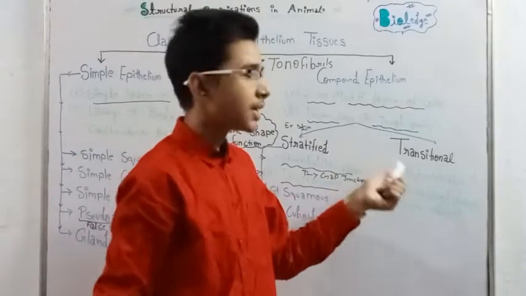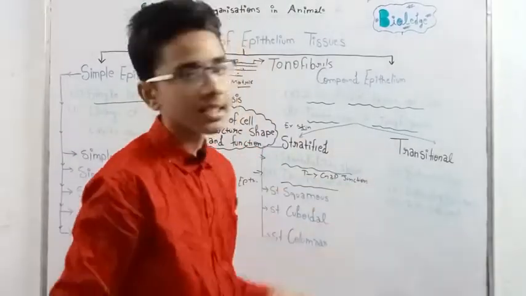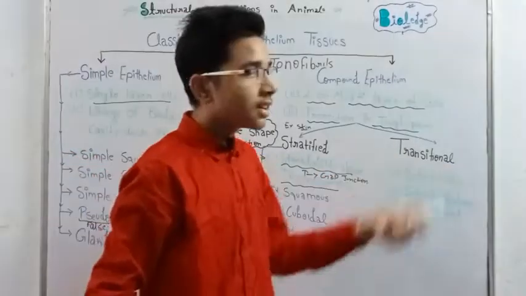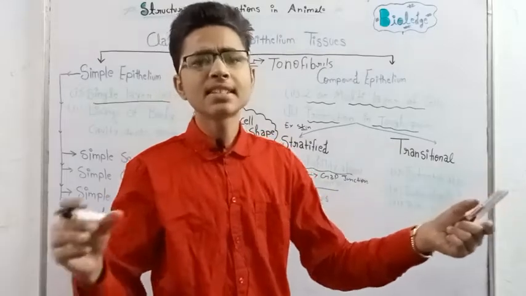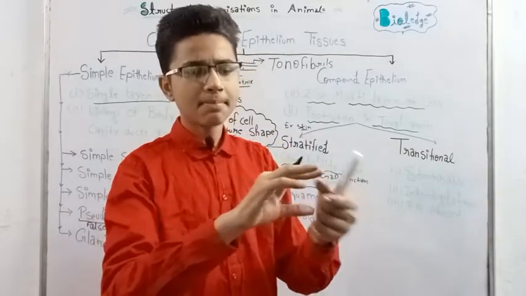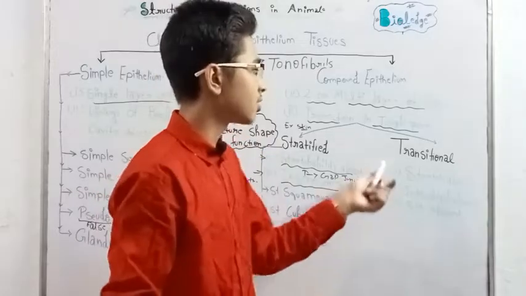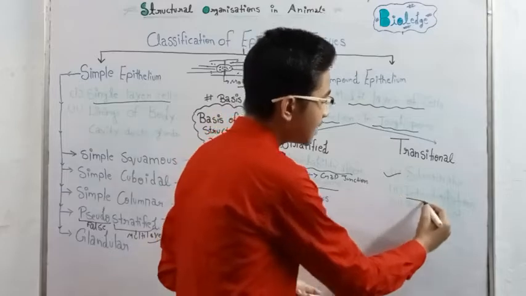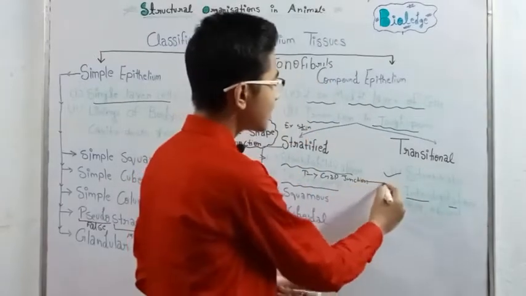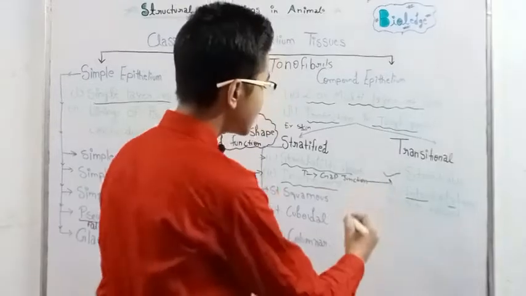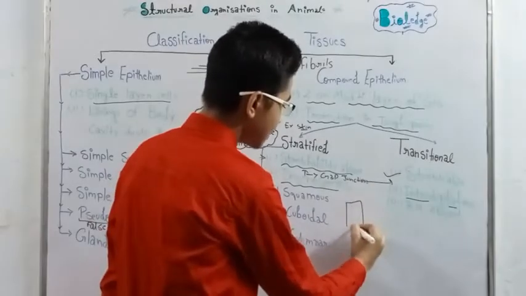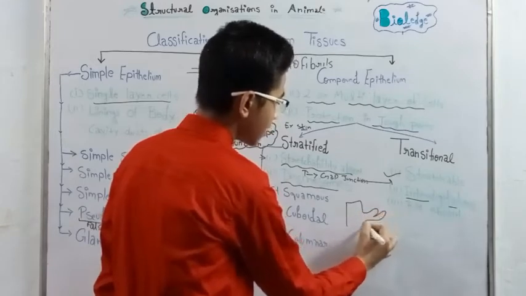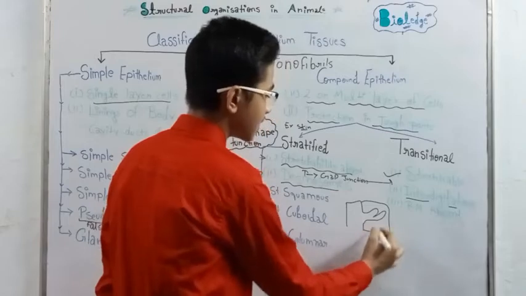Next is the transitional epithelium, or transitional compound epithelium. They are stratified, multi-layered. The transitionals are also multi-layered, but when stretched, their multi-layering disappears. They behave like flat cells. So they are stretchable. They have interdigitation. Interdigitation is also a gap junction. In interdigitation, a cell develops finger-like projections into another cell's cytoplasm.